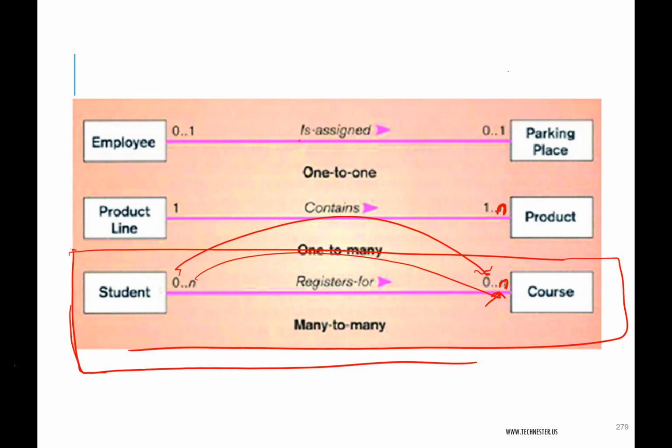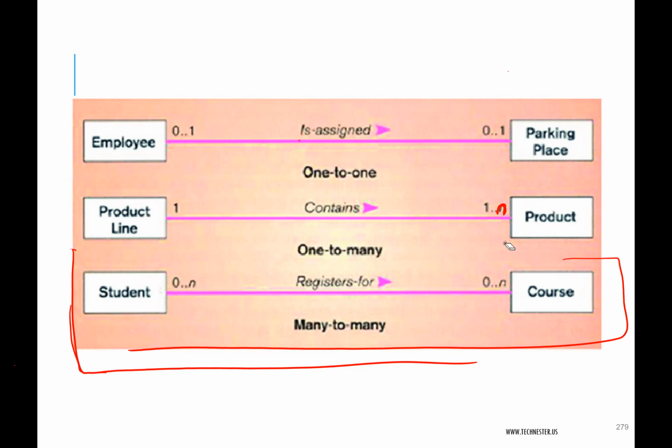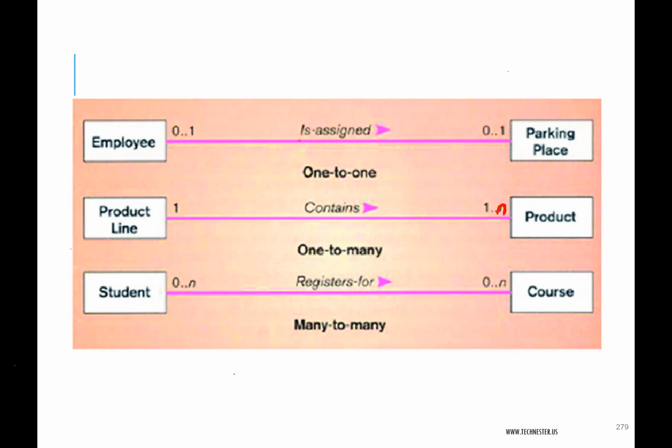Some people don't understand and they'll just be looking at you, thinking, okay, let him just finish and carry on. Or we'll tell him later that we don't understand anything he has done and he should go and do it again. Right? So you want to be consistent. Since the nature of the relationship as written here is registers for, let's stick with it. So we have this 0 or n student registers for 0 or n course.